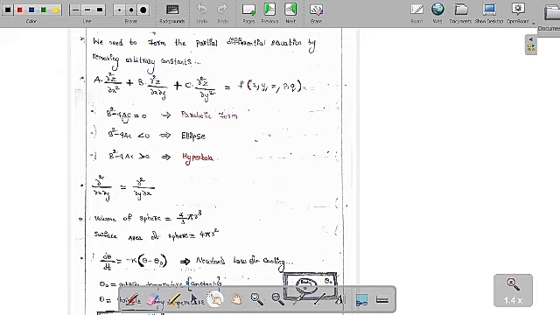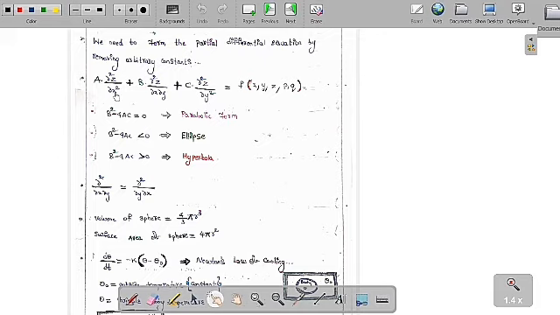Suppose B square minus 4AC is equal to 0, then the general solution will be in the parabolic form. If B square minus 4AC is less than 0, then the general solution of this partial differential equation will be in the ellipse form. If B square minus 4AC is greater than 0, then it will be a hyperbola. So equal to means parabola, less than means ellipse, and greater than means hyperbola.